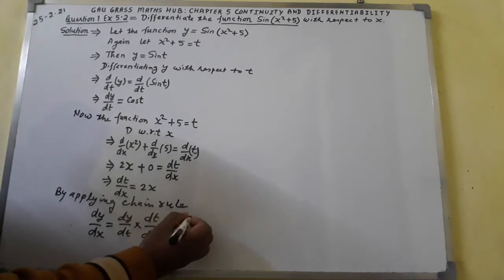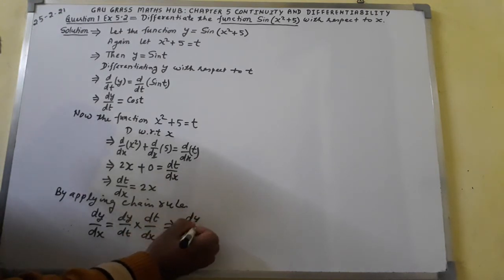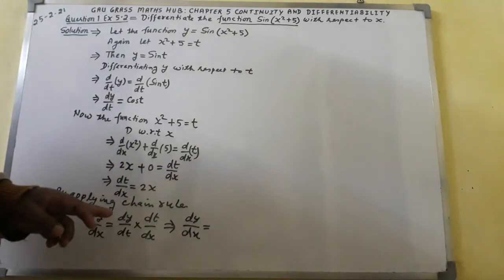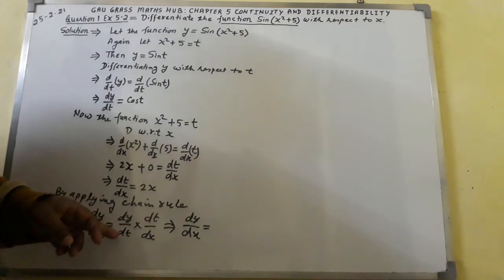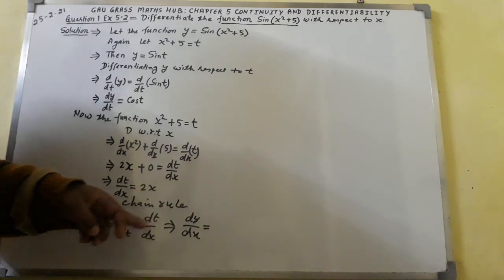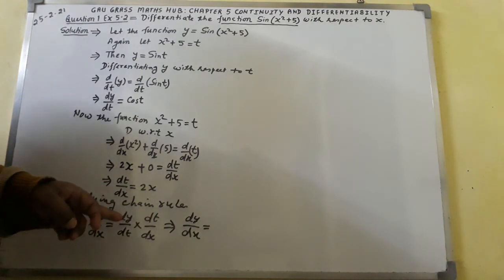Here you can see dt will be cancelled out, and you will get finally dy over dx.